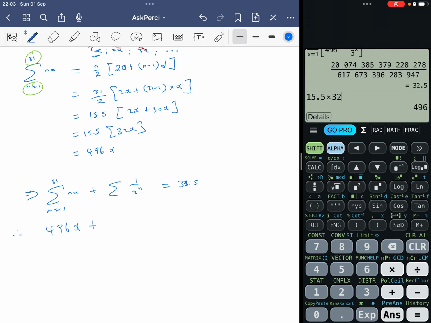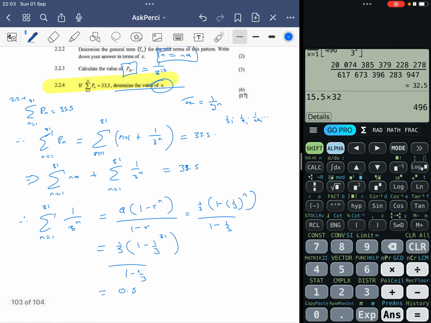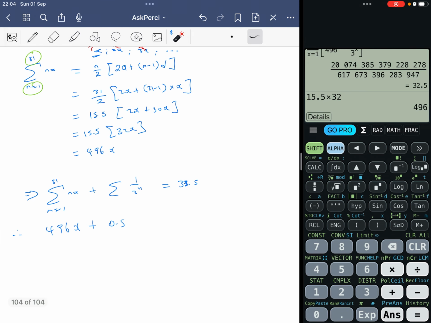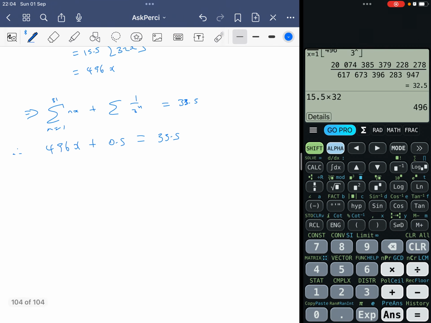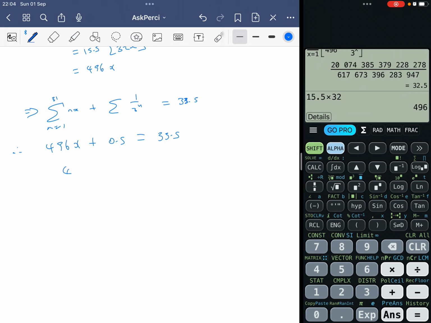And we know this is 0.5, we got it from here. This is equal to that, 0.5, and it's equal to 33.5. Great. Now it's easy. So 496x is equal to 33.5 minus 0.5, which is 33. And x is equal to 33 over 496. Boom. And that's how you do it.